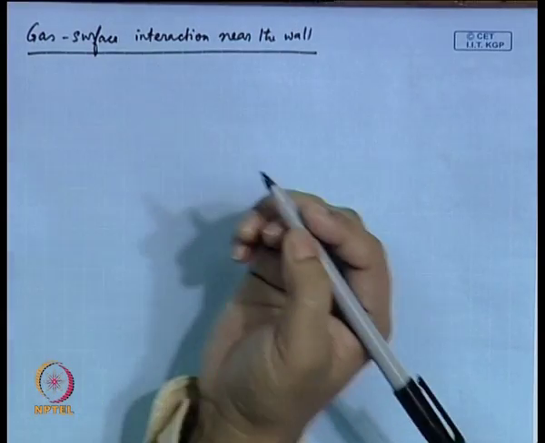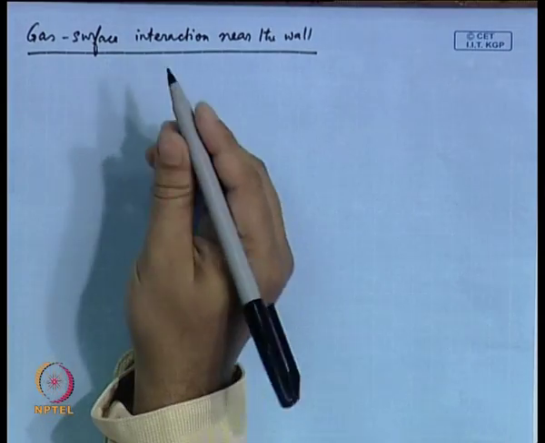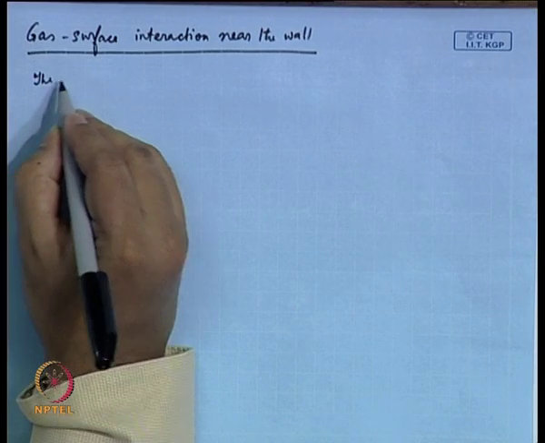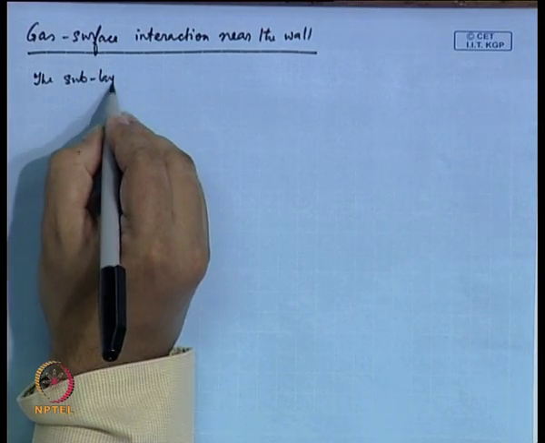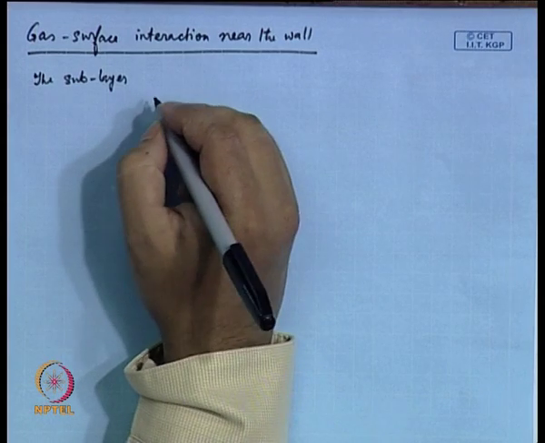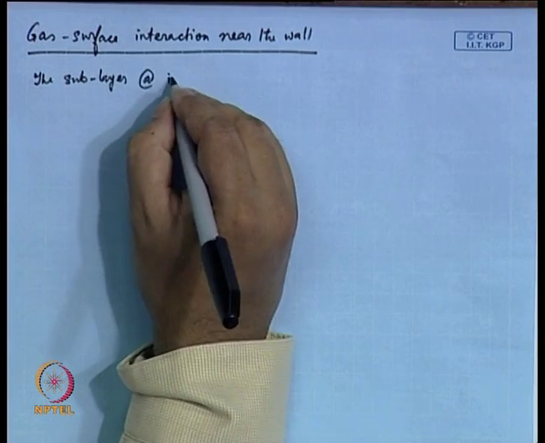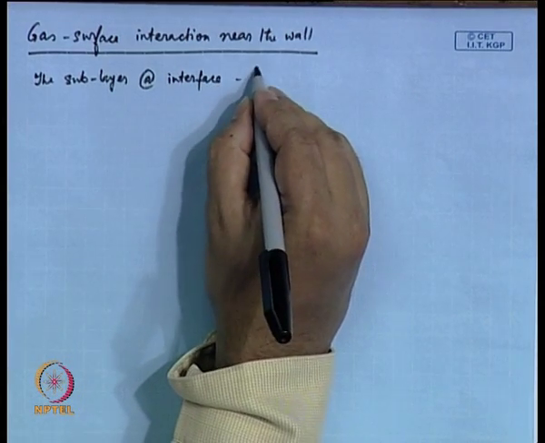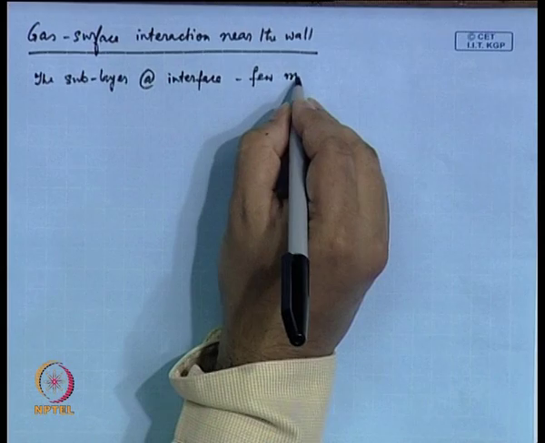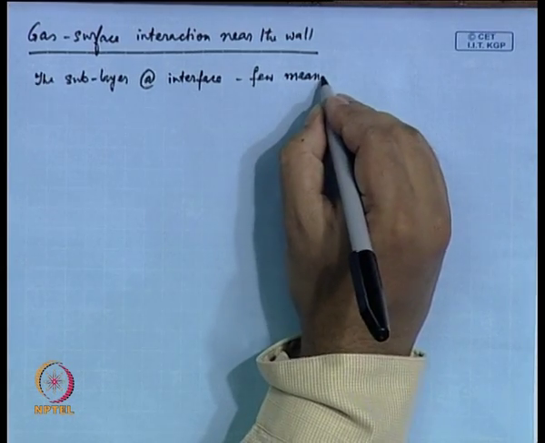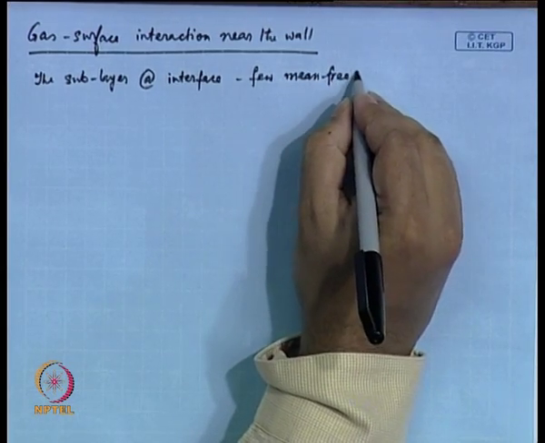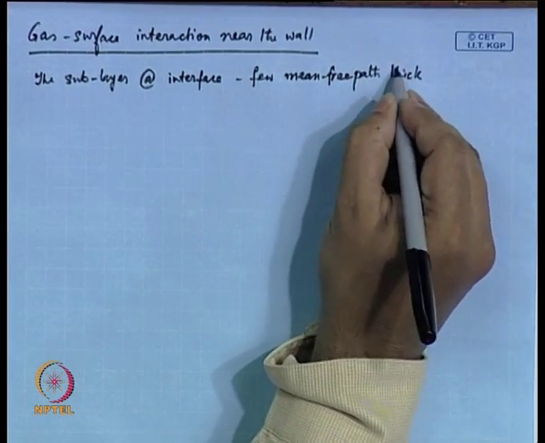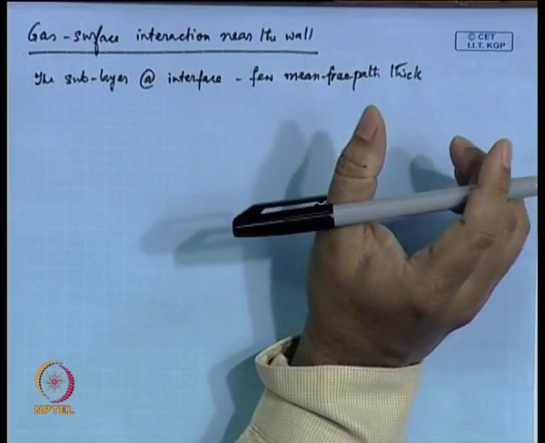So, you have gas surface interaction near the wall. What we have here is a sublayer at the interface, a few mean free paths thick.